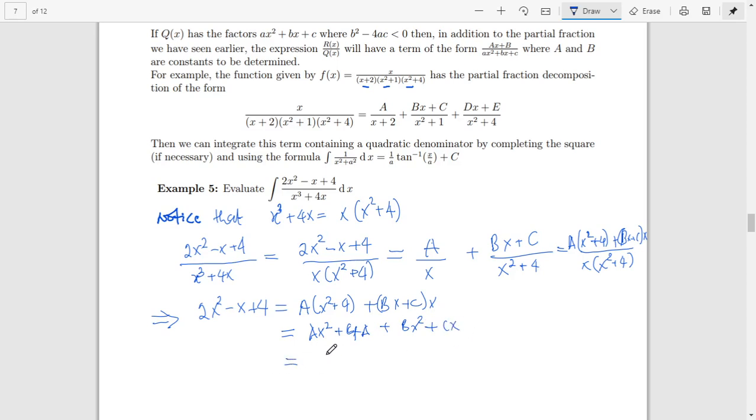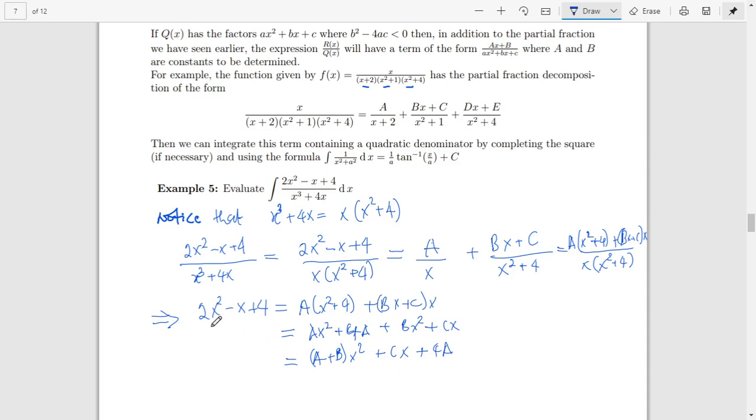This would be equal to, the terms containing s squared are a and b, so I'm going to have a plus b into s squared, plus cx only has this, and 4a is the constant.